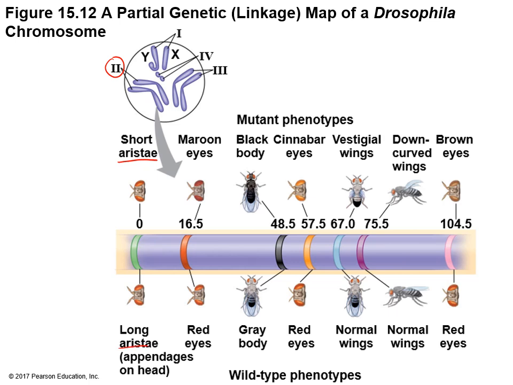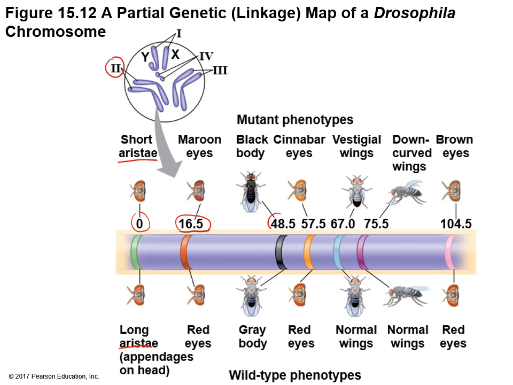And so the arista gene is the appendages on the head, so the antenna, and we can see the recombination frequency is 0, and we compare it to the other genes on the same chromosome. So for the eye color, it's going to be 16.5%. So the arista and the eye color is probably going to be inherited together.